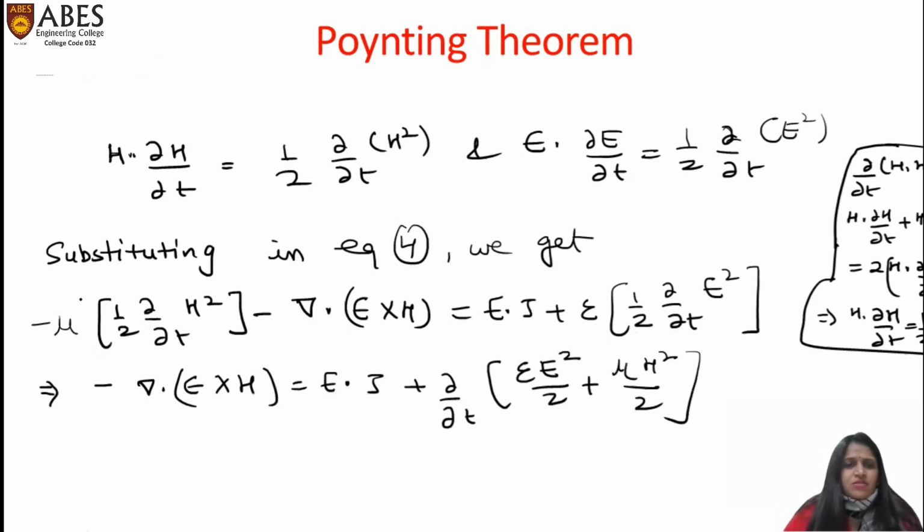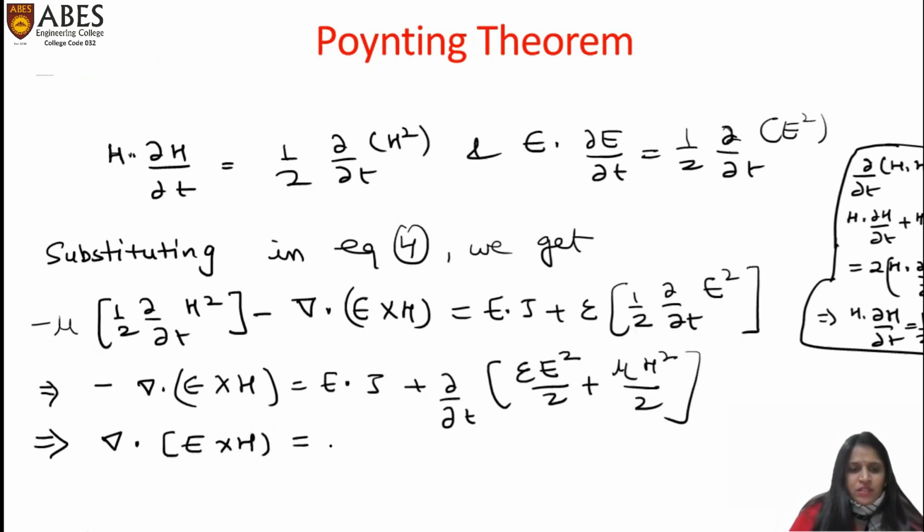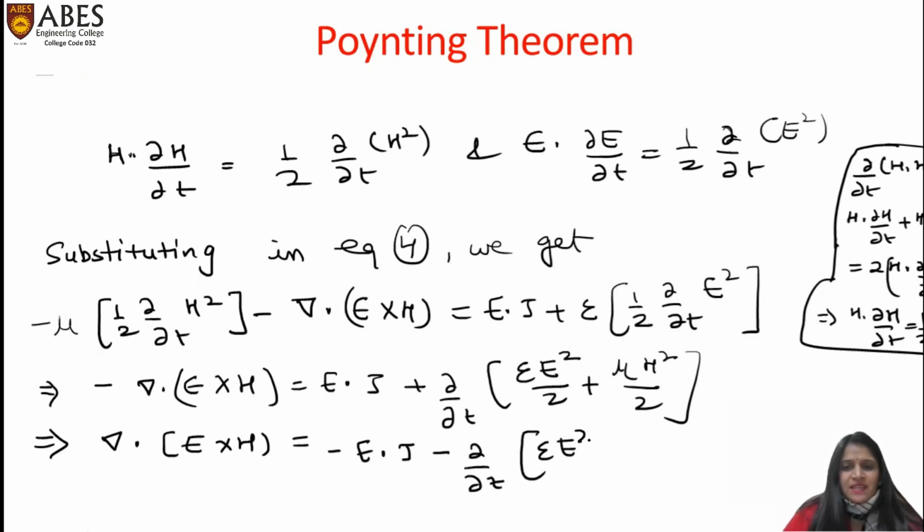So I've written these two terms together, right? Now let us take the minus sign this side. What we get? Del dot E cross H is equal to minus E dot J minus del by del T epsilon E square by 2 plus mu H square by 2.